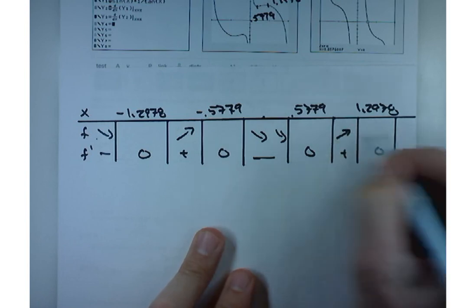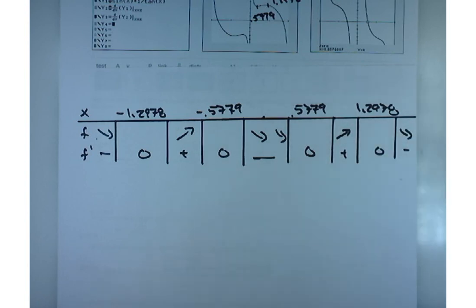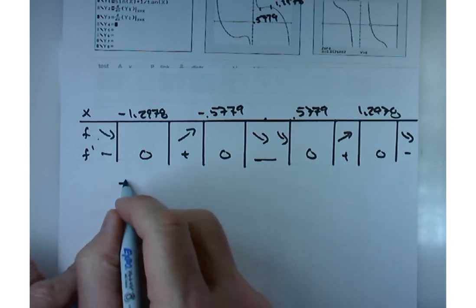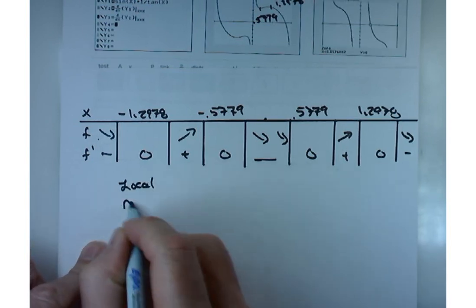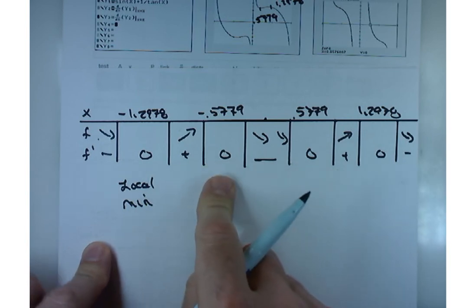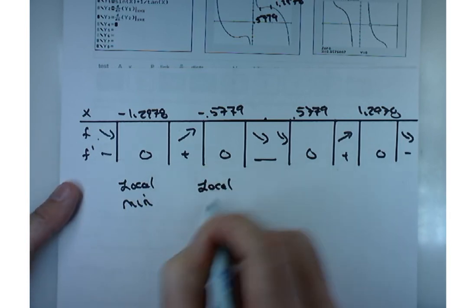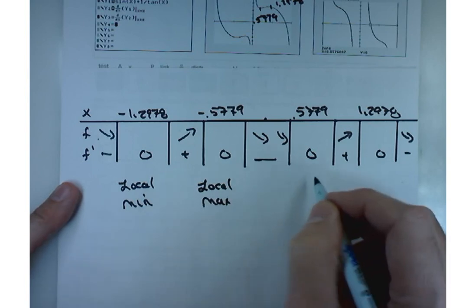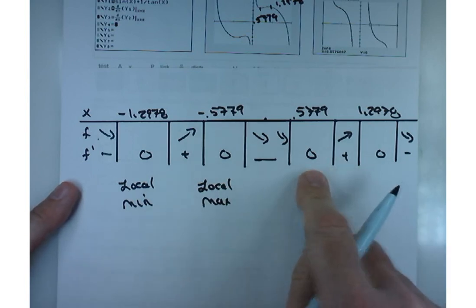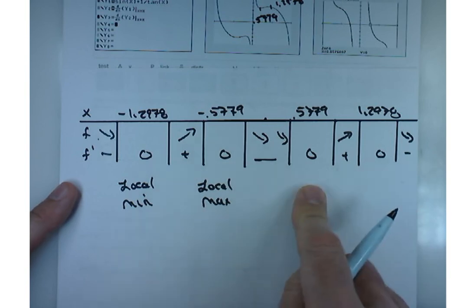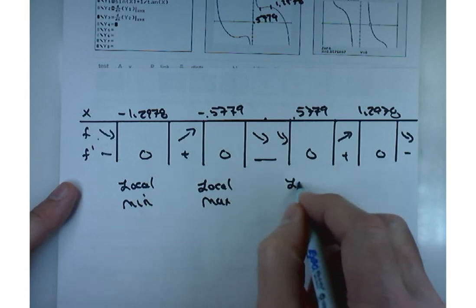What does that tell me about some of our points here? What do we know in particular about the point here? Local min. And the point over here, local max. And then similar over here, local max. No, wait, local min. And then this one's your local max.